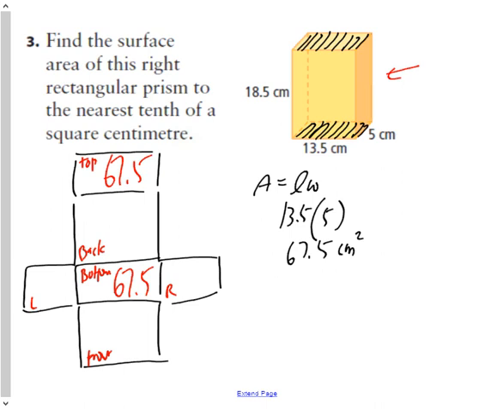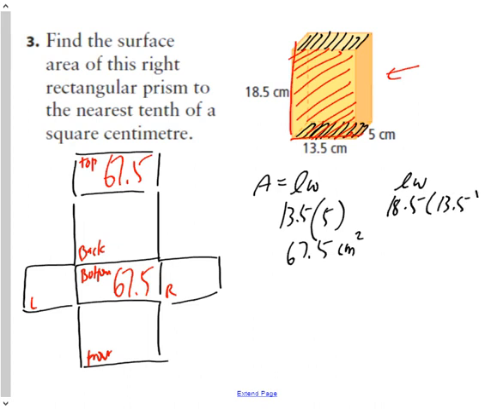If I then think about the front, I'll shade it in red. What are the dimensions of that red face? Here we have 18.5 by 13.5, so length times width is 18.5 multiplied by 13.5.